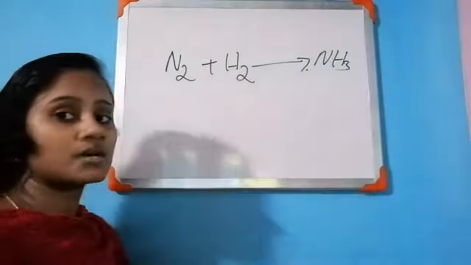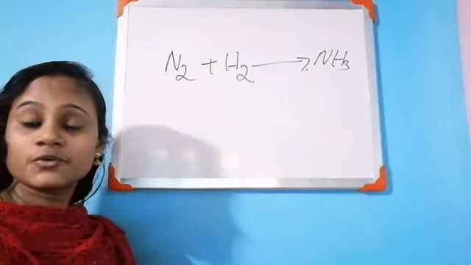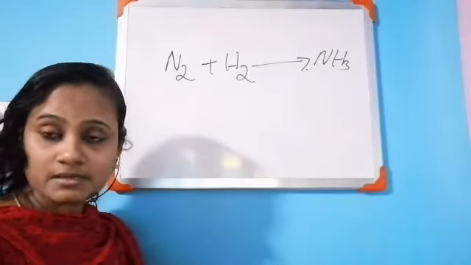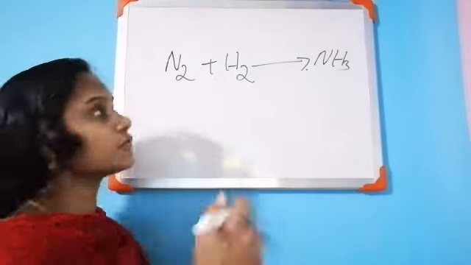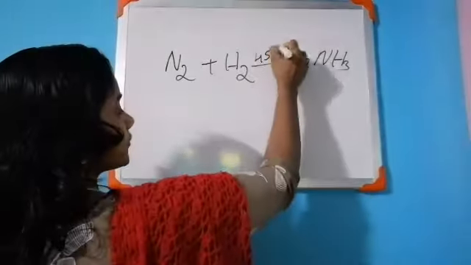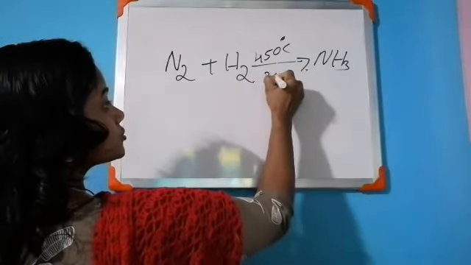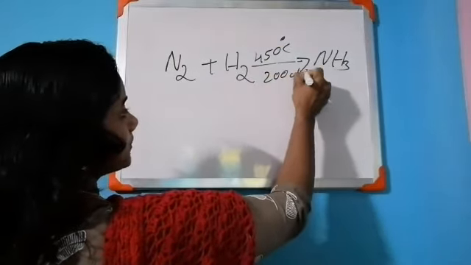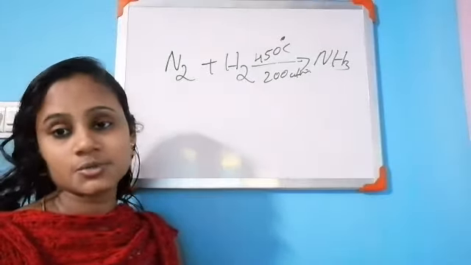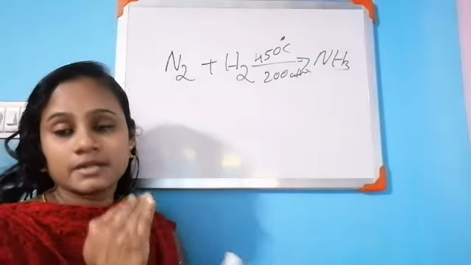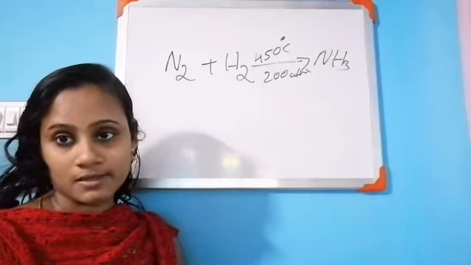What is the condition? 450 degrees Celsius and 200 atmospheric pressure. So high pressure is needed to combine hydrogen and nitrogen to form ammonia. Is it clear?